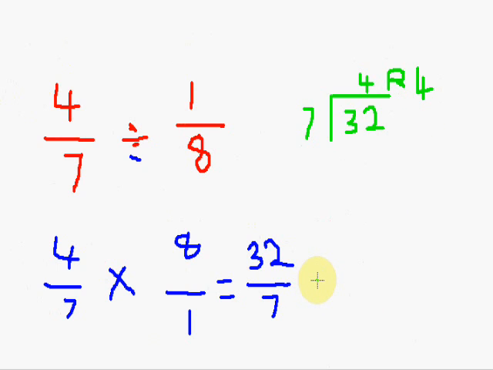So if we were to write this as a mixed number, of course, as I told you, write back the 7 at the bottom of the improper fraction, the 32 and 7. We know that there are 4 sevens that we can get out of 32, and the remaining 4, so your answer is 4 and 4 sevens, because 4 sevens are 28, and 4 is 32. Wow. Very, very, very easy. Okay, let's move on.